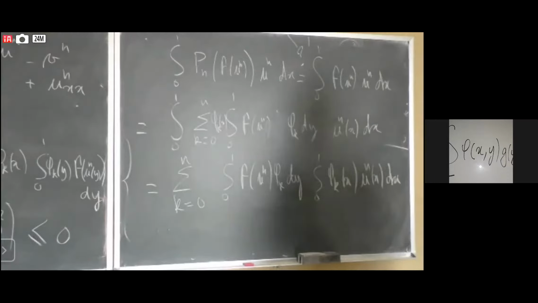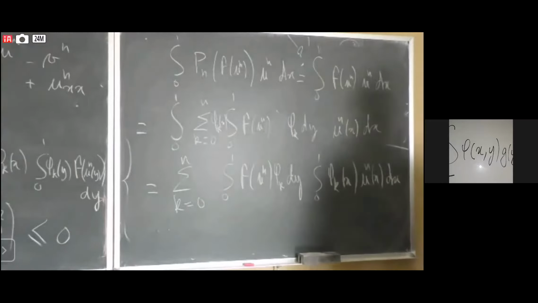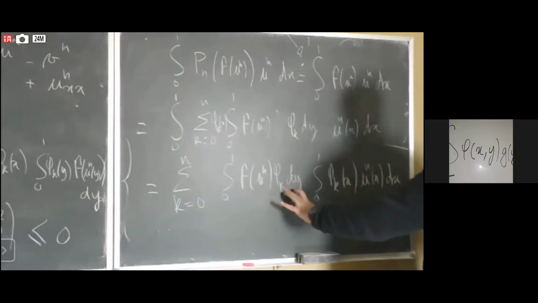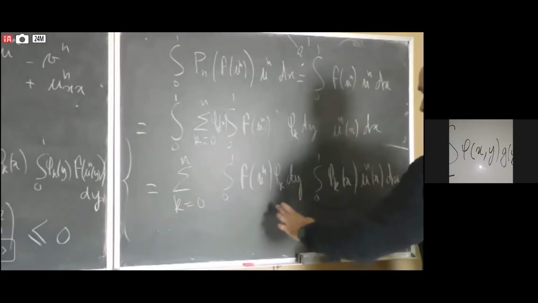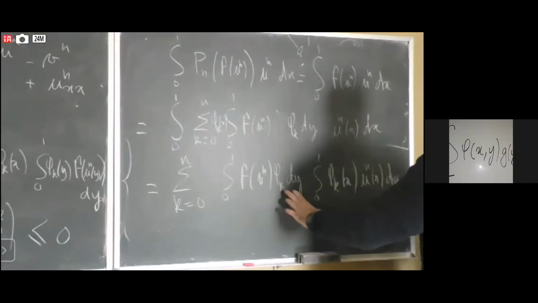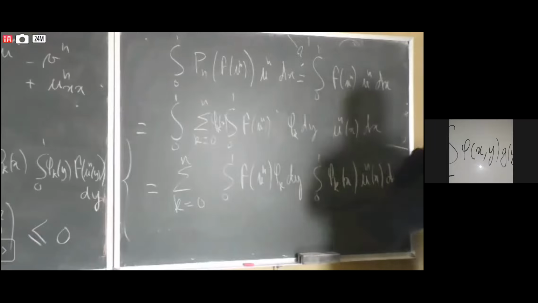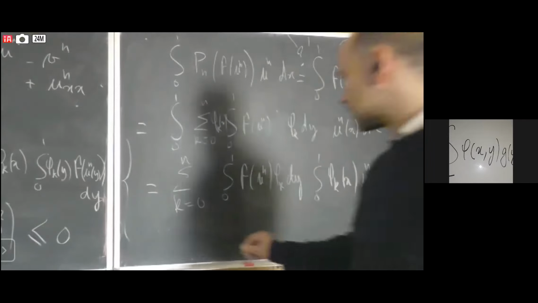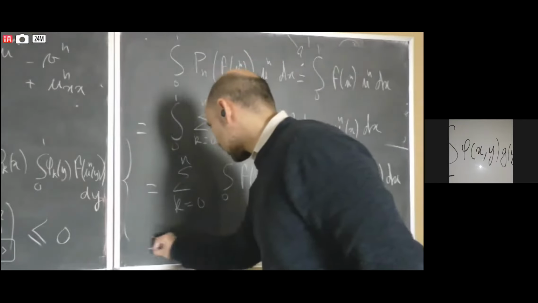But now, again, I can put this integral here. I put this integral here, and with my phi k here, and this is the result. This is the result. So let's just write it.